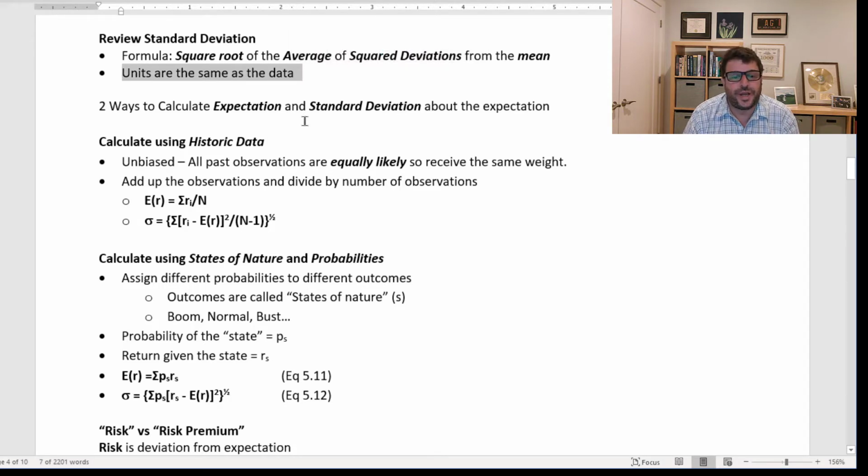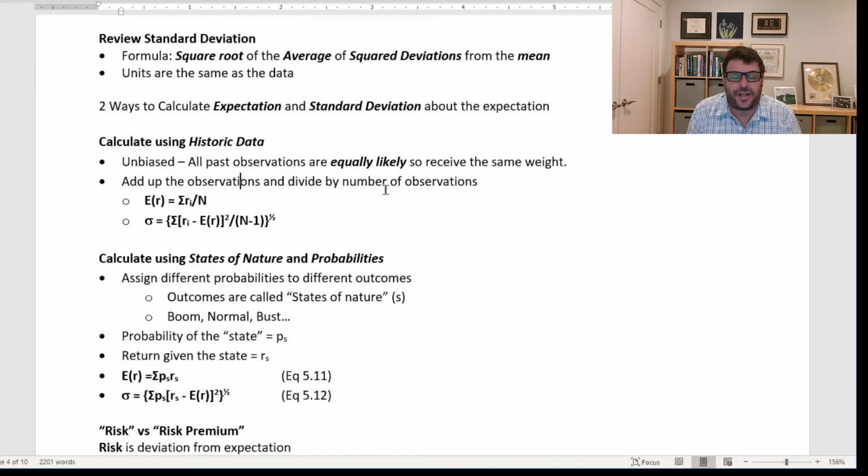Okay, two ways to compute expectation and standard deviation. The first is using historic data. And I take all past observations and I assign them effectively the same weight, which is 1 over the number of observations, or 1 over n. And essentially this is an unbiased estimate. I don't have any reason to believe that the earlier observations are more likely to happen than the later observations.